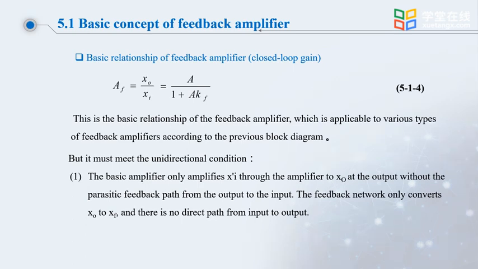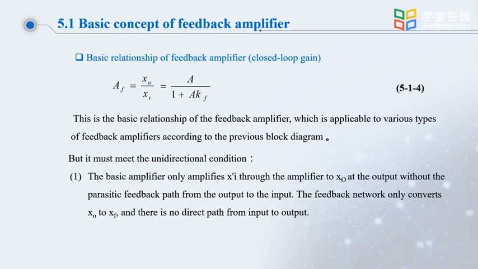It equals the open loop gain divided by 1 plus the open loop gain multiplied by the feedback factor. This definition is called the basic relationship of the feedback amplifier.